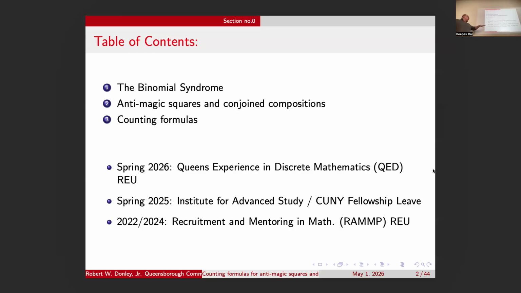So I launched a project then, 2022 to 2024, and we got some results, but I felt like it was still not ready for publishing. So in 2026, I decided to go back to basics with it, and that's what this talk is going to be about. And this is definitely ready to launch. I'll also note this has been back in my mind, so gratitude to the CUNY Fellowship Leave, and that happened at the Institute for Advanced Study last year. So, acknowledgements.